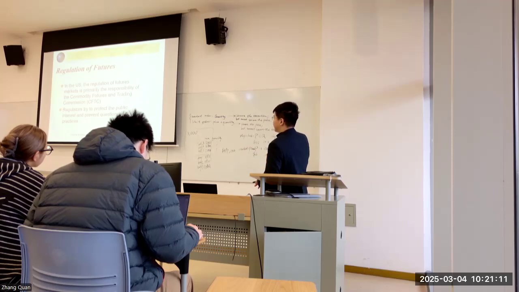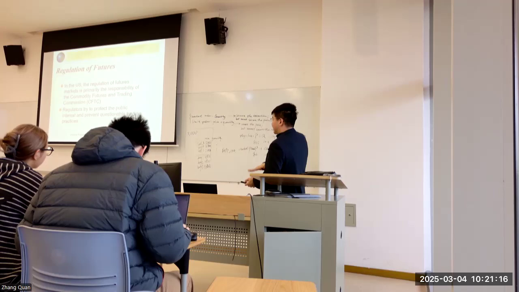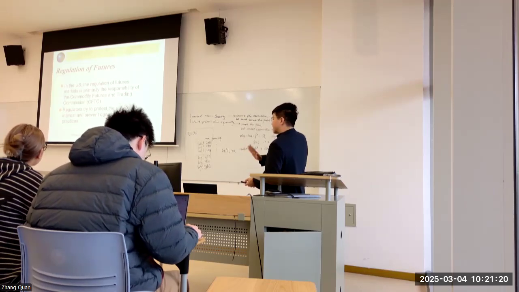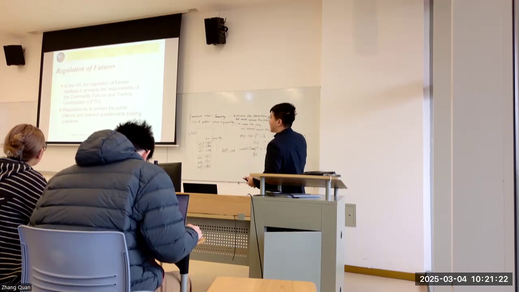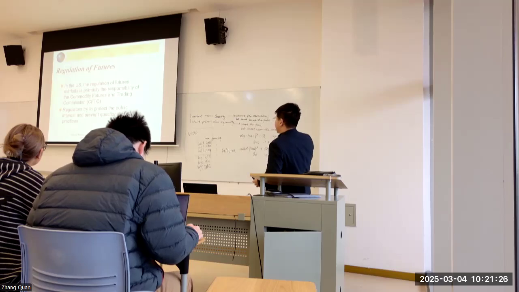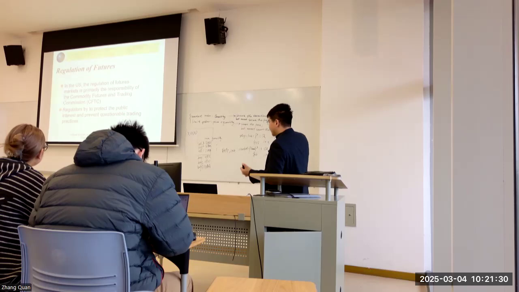If you are a high school student, it's enough to just understand that the government regulates the market. But now you should be a bit more specific: which corporation, which institution manages the regulation, and what is their obligation?